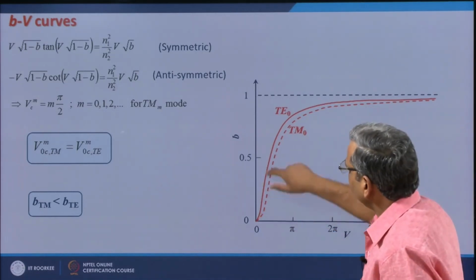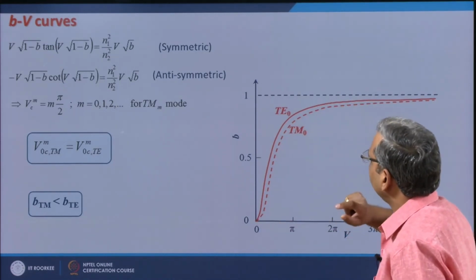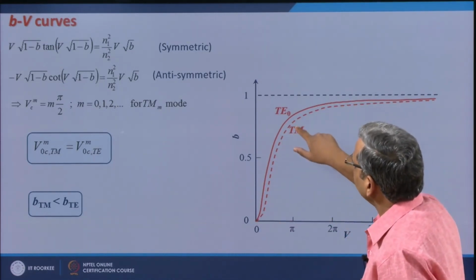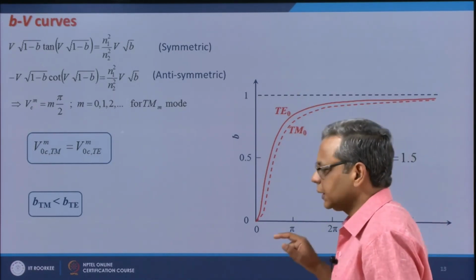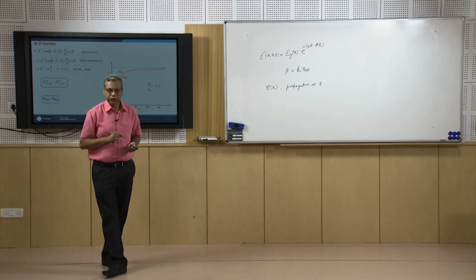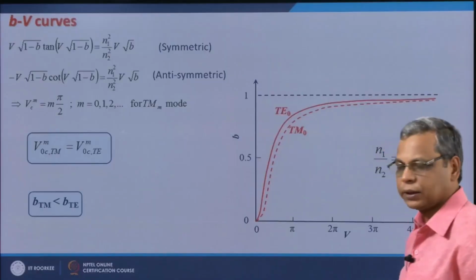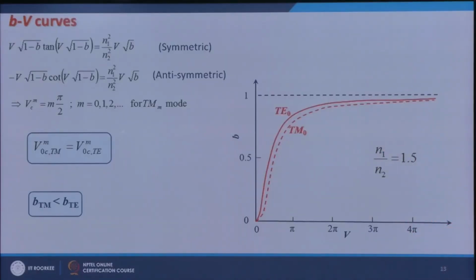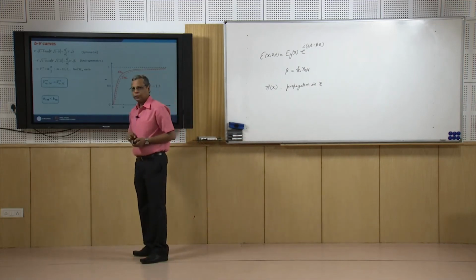TE0 mode goes like this and TM0 will also start from here, but whether this curve would be below or above this one: since the propagation constants of TM modes are smaller than the propagation constants of TE modes, the curve corresponding to TM mode would lie below the curve corresponding to TE mode.